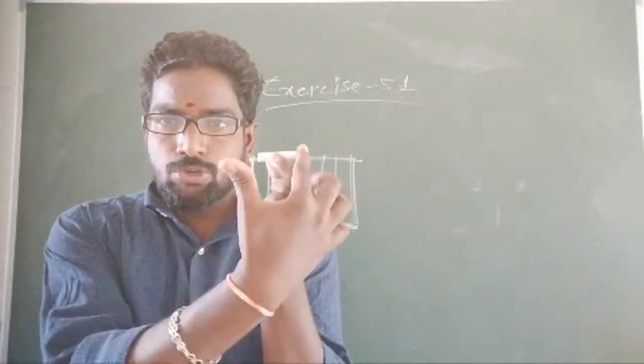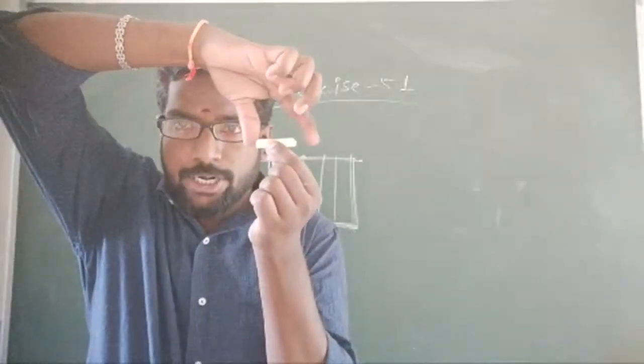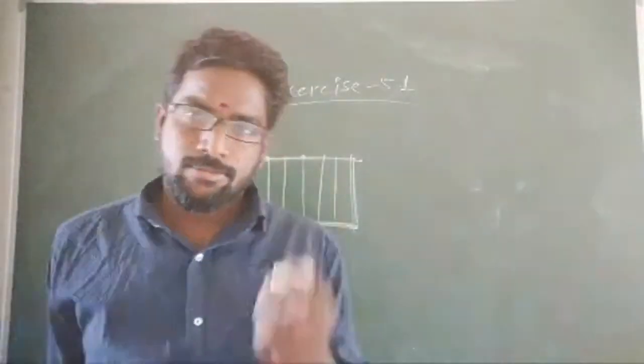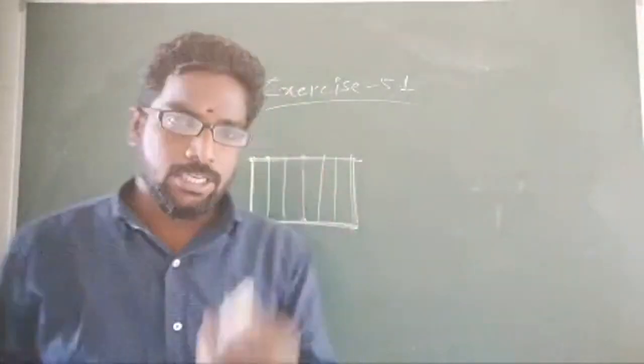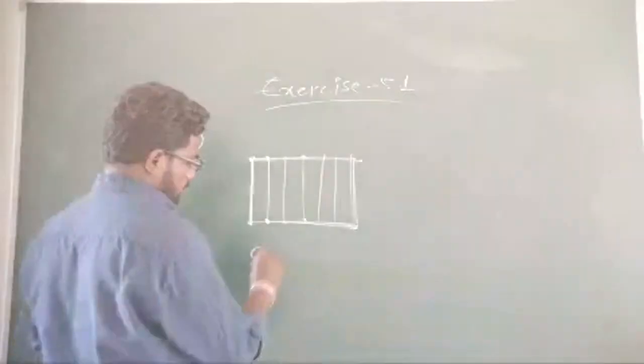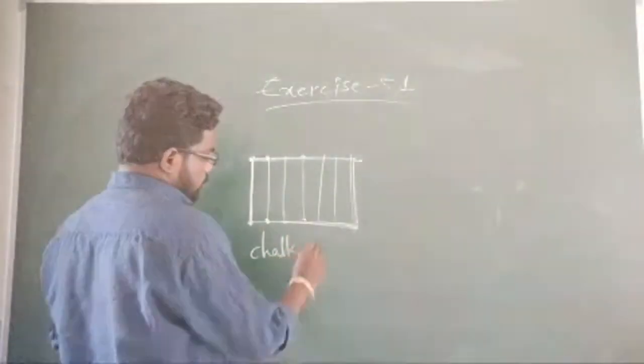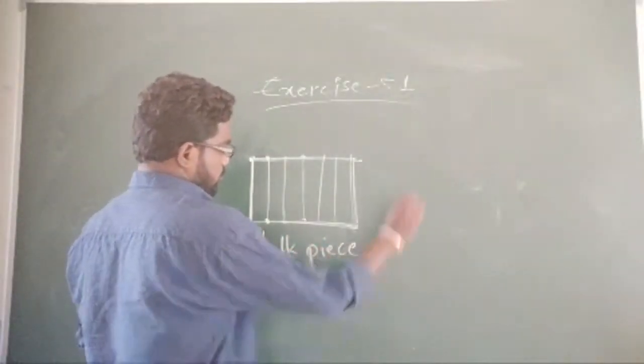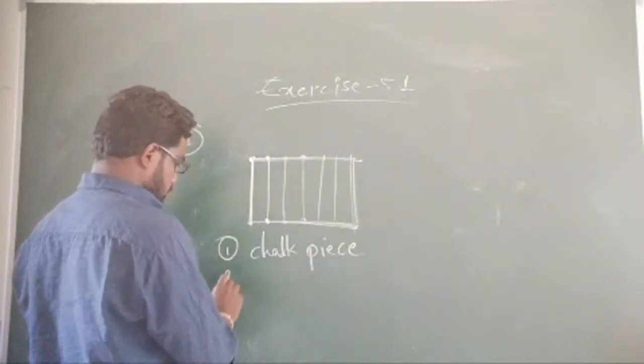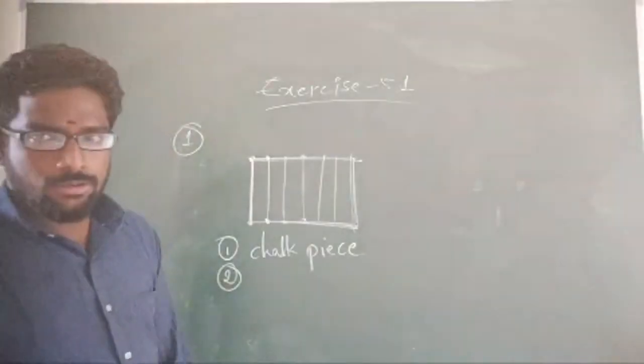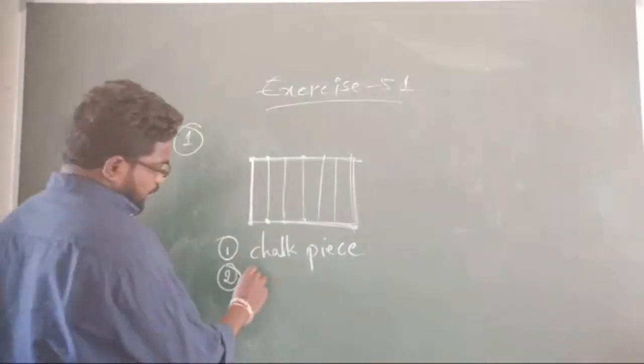Chalk piece has 2 endpoints. This is an example of a line segment. Chalk piece. Next. Window grills.